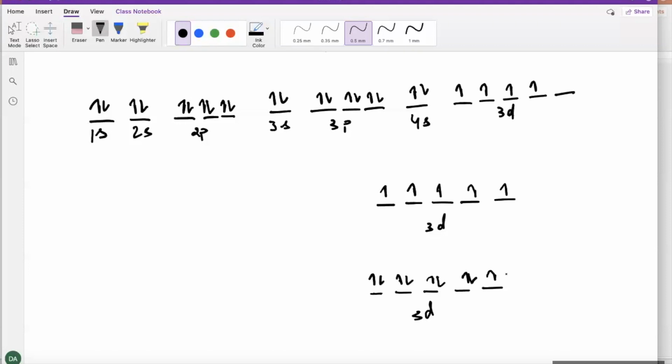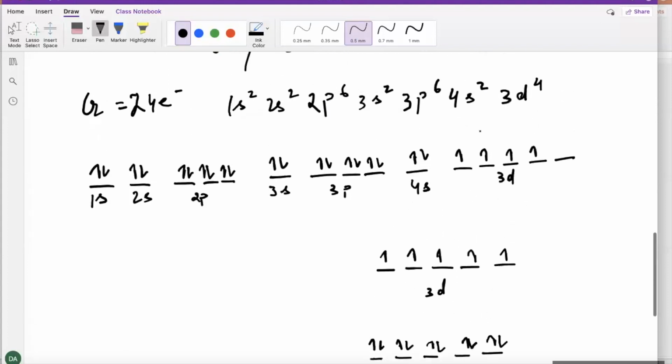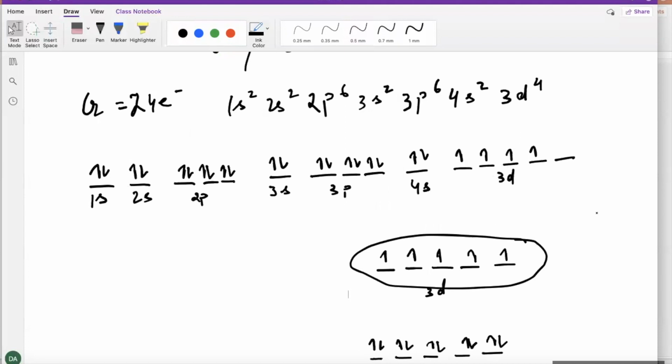So guys, chromium has 4 electrons here in the 3d. It wants to make it look like this. So how do you think this is achievable without, of course, adding a new electron from outside? It's done by moving this electron that is sitting here from 4s to here.